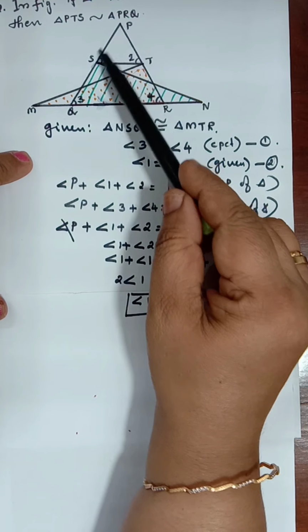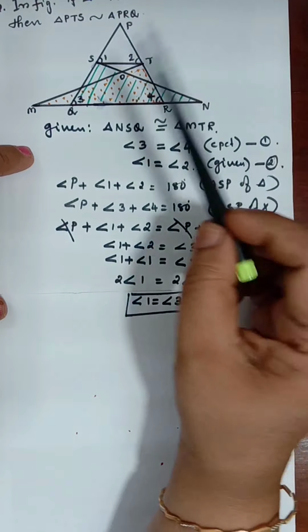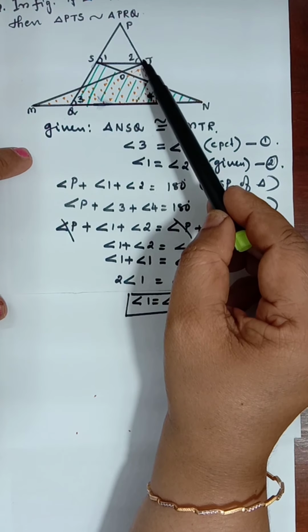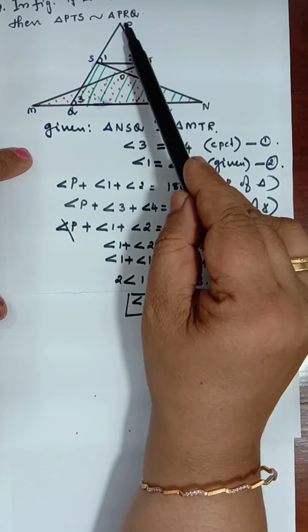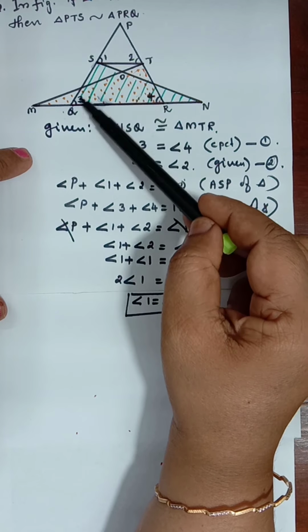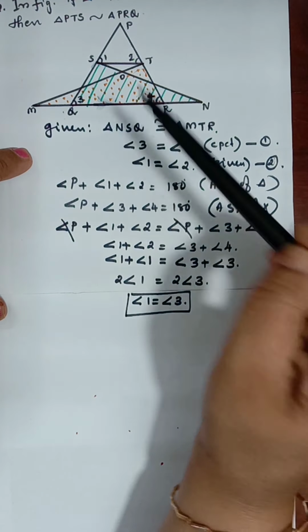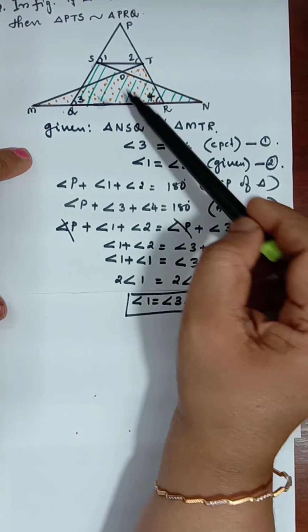That is, in triangle PST or PTS, in the question you have seen, triangle PTS, you have angle 1, and in PRQ, angle 3. They are equal. We have proved. Then we have already angle P common for both the triangles.